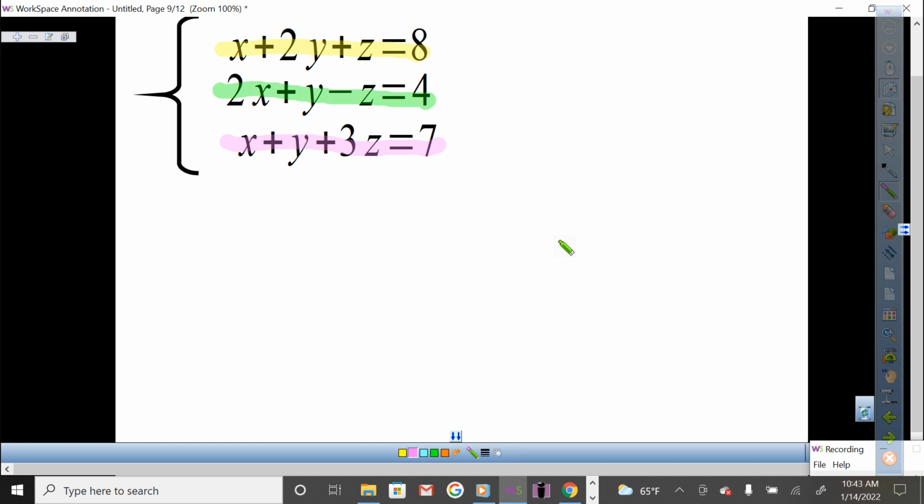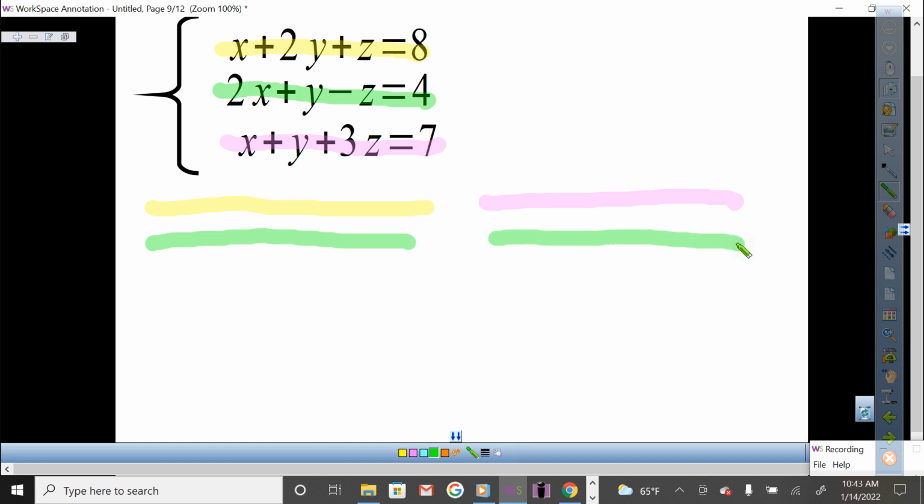All right. So which ones do you want side by side? The first two? The yellow and pink. Okay, so let's do yellow, pink, and underneath each one of those we need the green one. So here we go.